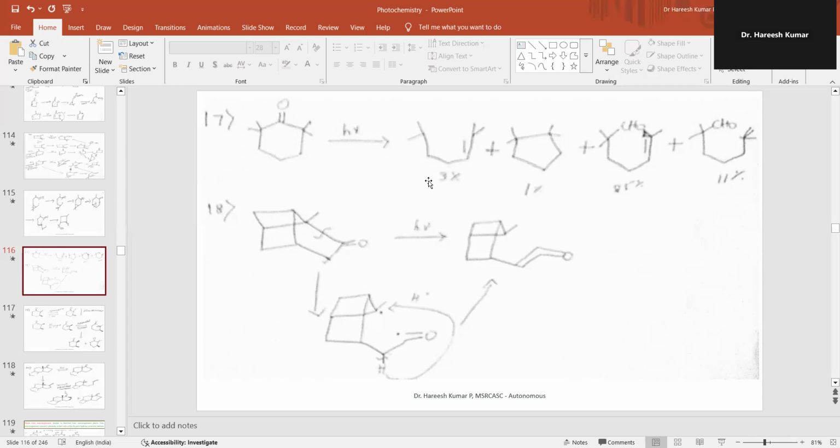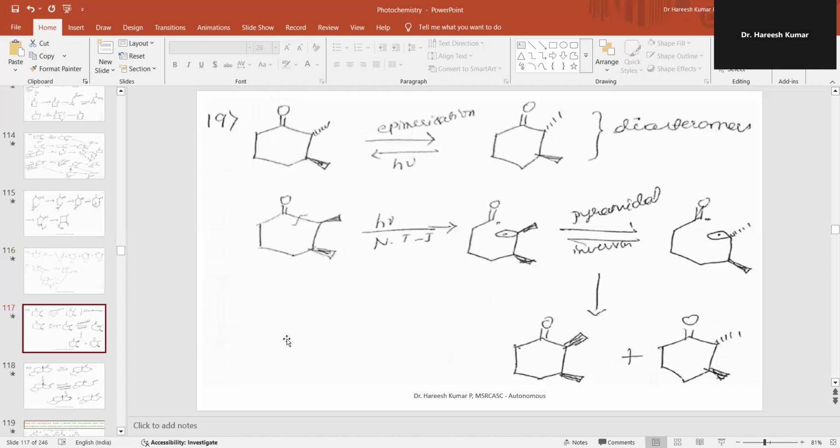That means you know that 1% product, 3% product, this is again 25% product, this is again 11% product. And from here, how is this one formed? Again, abstraction from this carbon only, this product is formed. So from this product, the aldehyde. Aldehyde means again abstraction, that means only one alpha carbon bond cleavage, then aldehyde will be the product. I will go to the next slide.